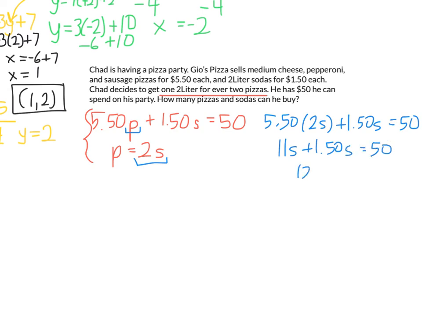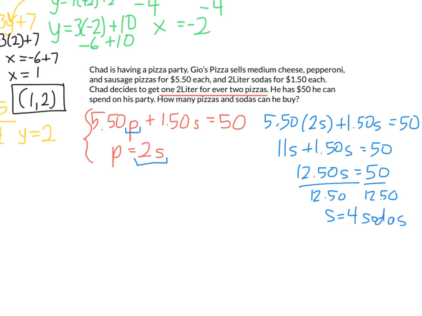So that's 12.50S equals 50. And then to solve for S, I divide both sides by 12.50. And S equals 4. Now remember, I found that it's 4 sodas.